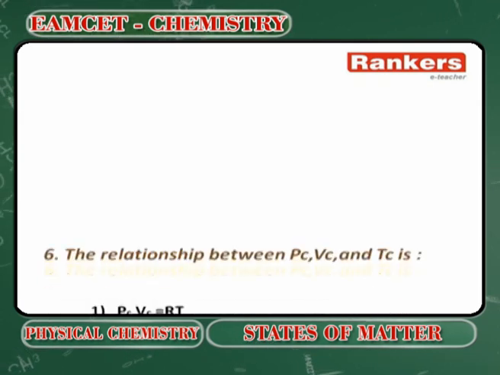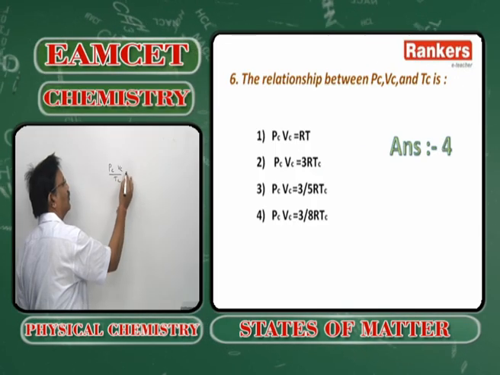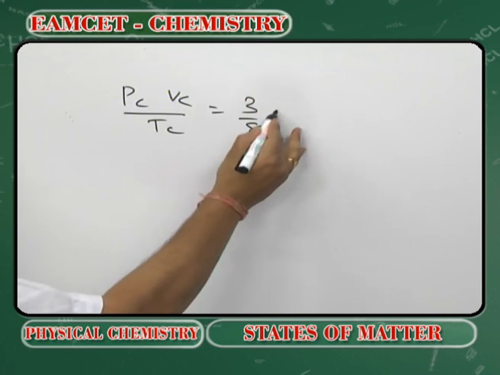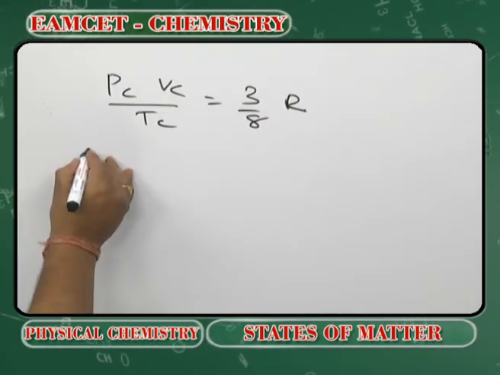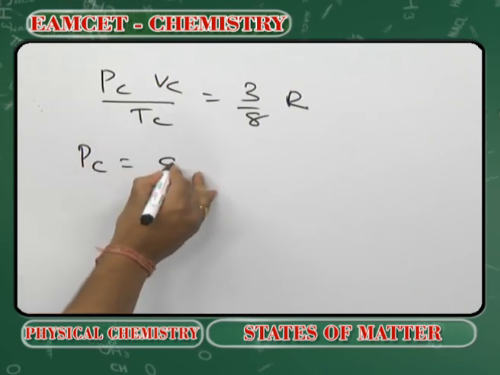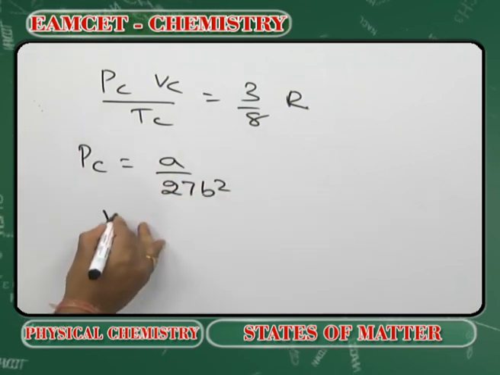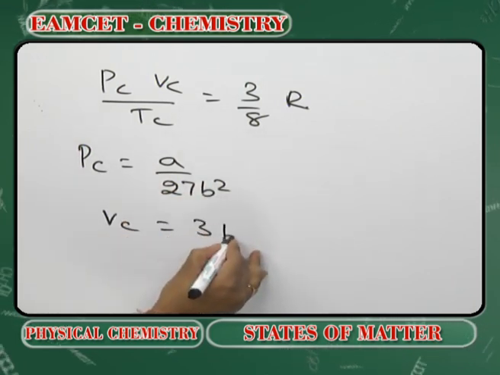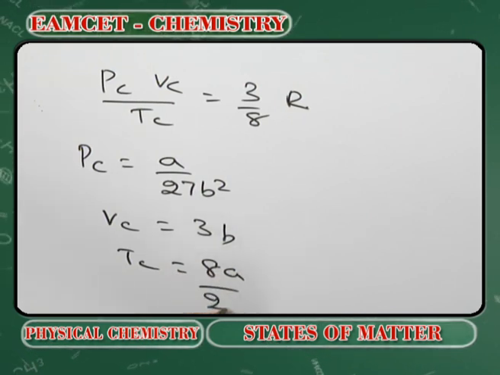Next question. The relation PCVC by TC is equal to 3 by 8 R, because what is the PC value? PC is equal to a by 27b square, Vc is equal to 3b, and Tc is equal to 8a by 27Rb.